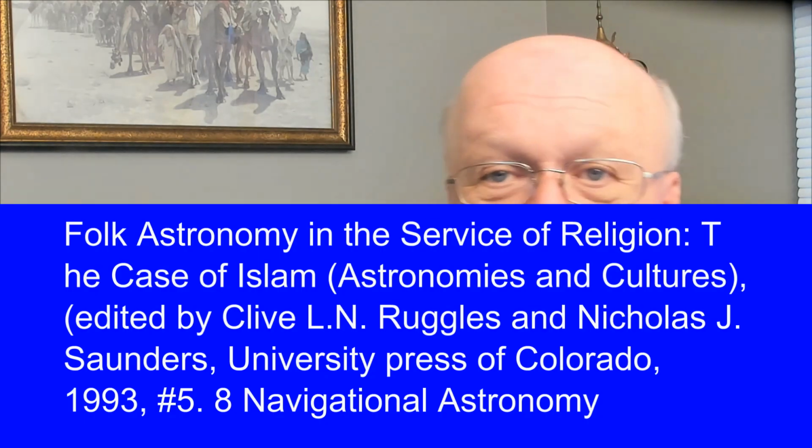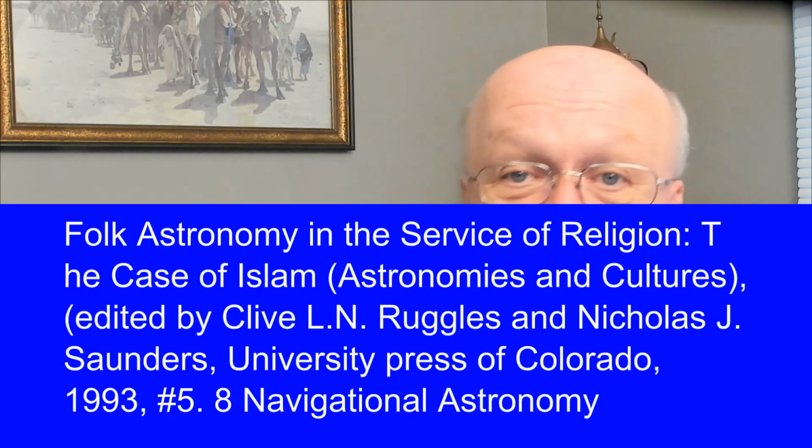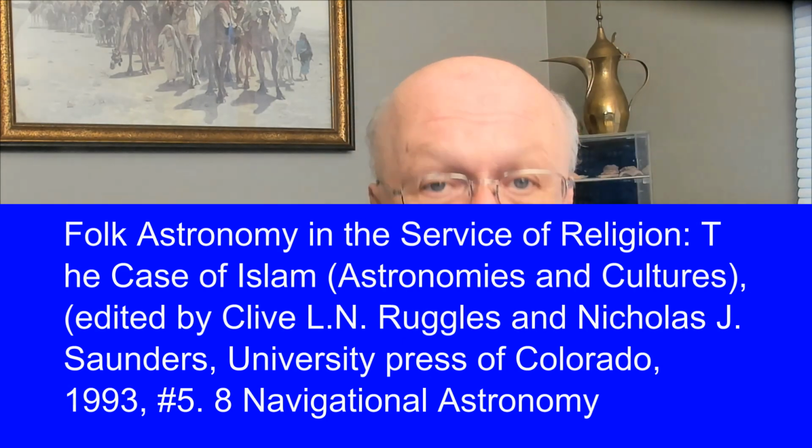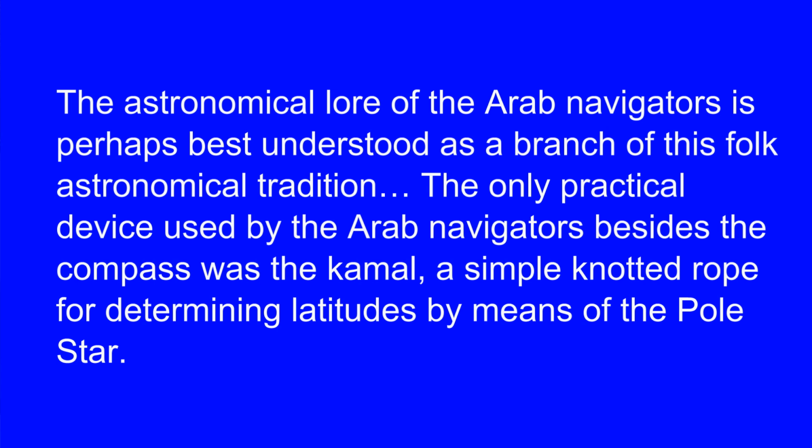In his paper, "Folk Astronomy and the Service of Religion: The Case of Islam," Astronomies and Cultures, King boldly states, "The astronomical lore of the Arab navigators is perhaps best understood as a branch of folk astronomical tradition.